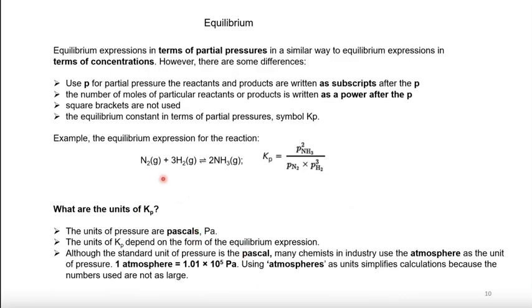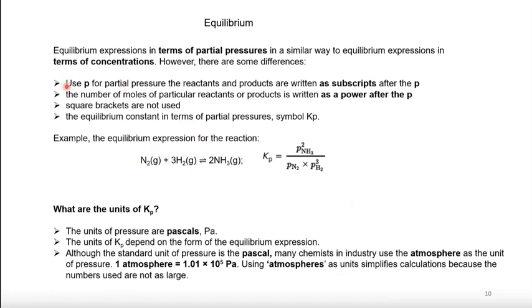We take an example of, again, you might ask why I'm taking the same example again. You will see that nitrogen and hydrogen give us ammonia, a very important industrial reaction, the Haber process. We have to optimize this reaction using equilibrium, concentration, etc. Therefore, I'm taking this example again and again.